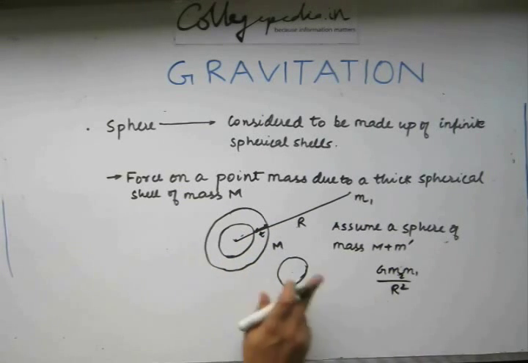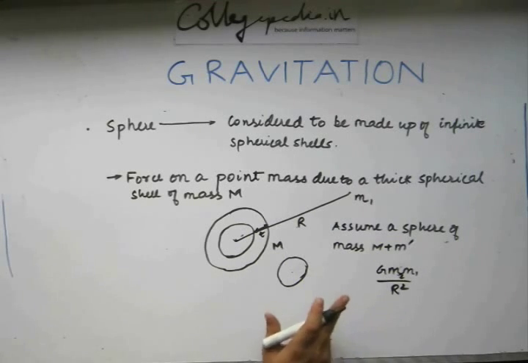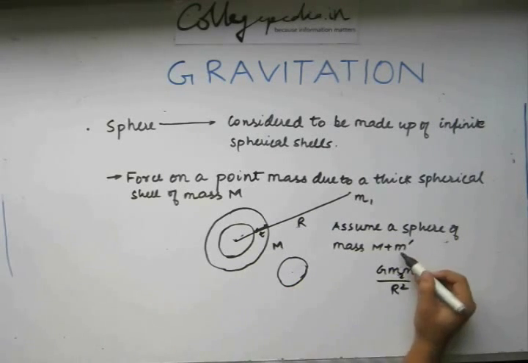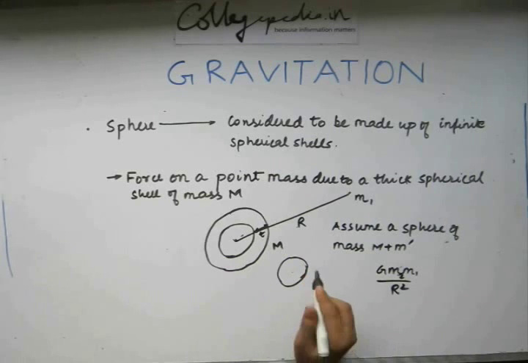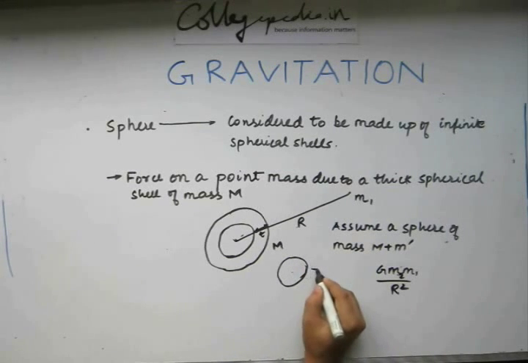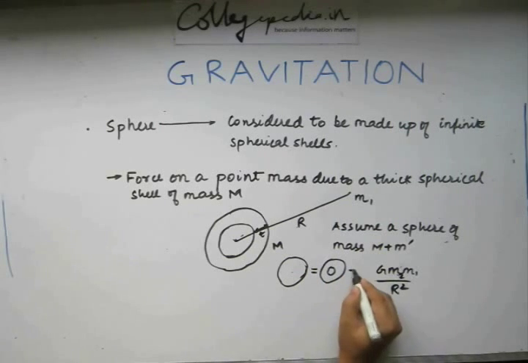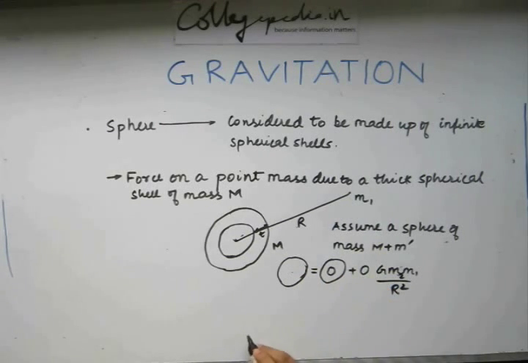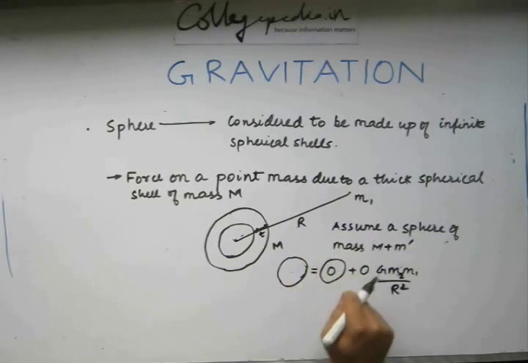To make an analogy with this, let us consider that this extra mass we added is a negative mass. We have this sphere, which is made up of this thick shell plus another sphere. So if we consider this minus this, we get this.